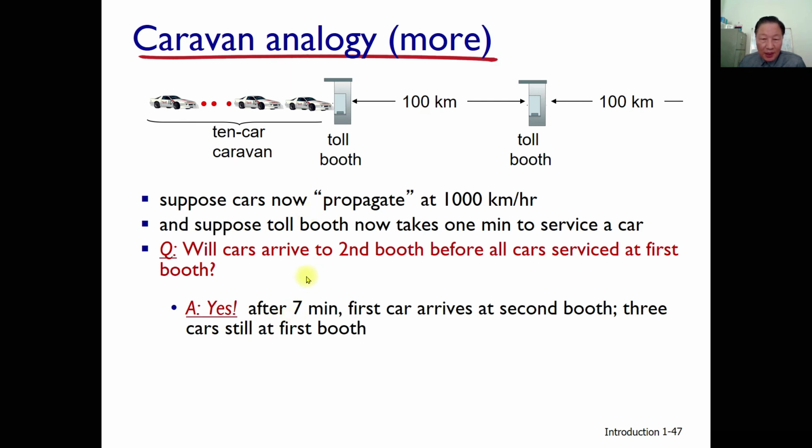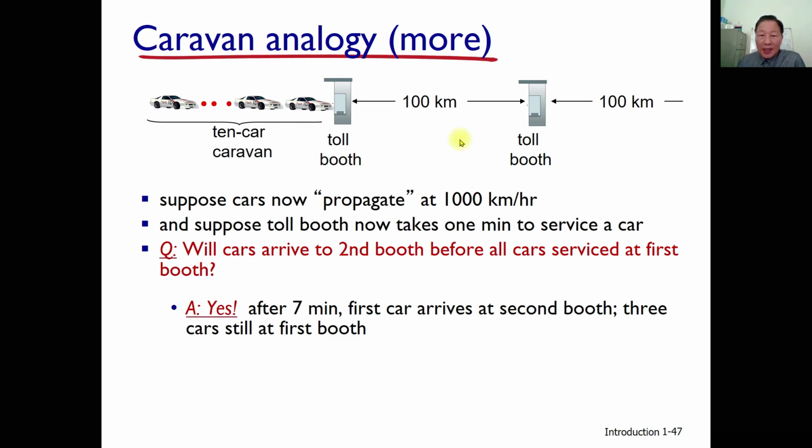And let's think about this case. Okay, this one is not showing on another slide. So let's think about this. Okay, 100 kilometers, and the speed is 1,000 kilometers per hour, so if we divide this one, then it will take 1/10 of an hour.